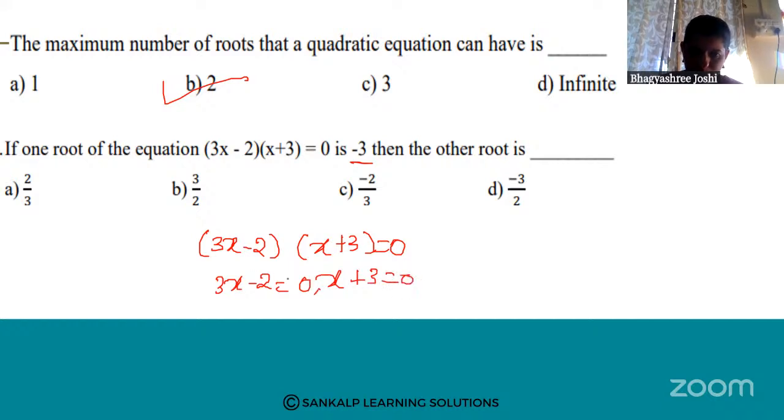Now transfer: 3x is equal to 2, x is equal to 2 divided by 3. And x is equal to, transferring this 3 to this side, minus 3. That means one root is minus 3, which they have given, and the other root is 2 divided by 3. So option A is right. Yes or no?